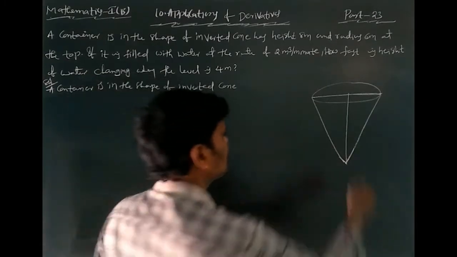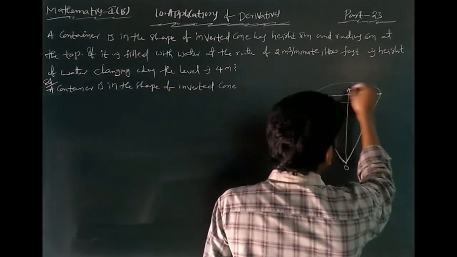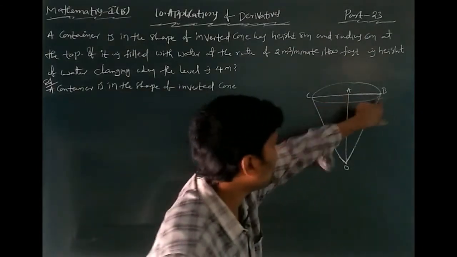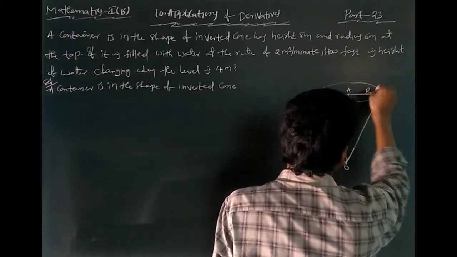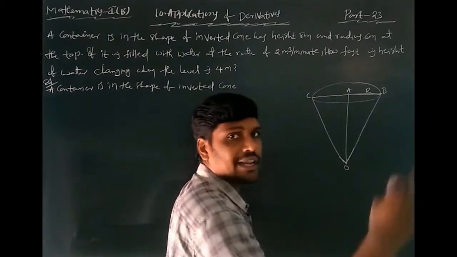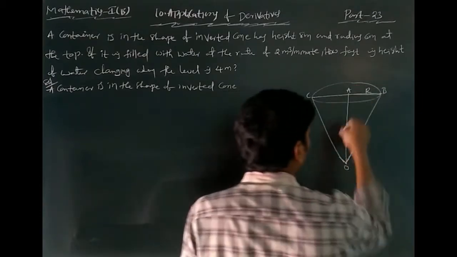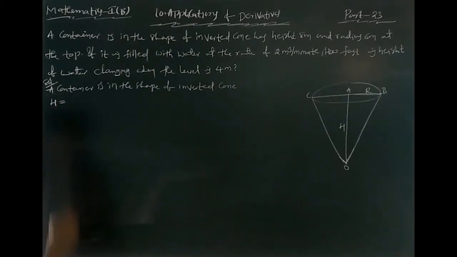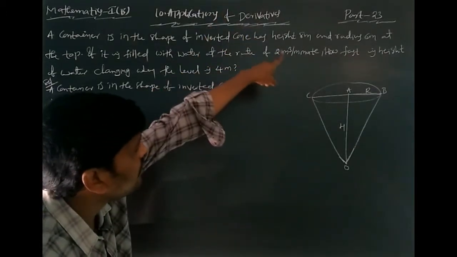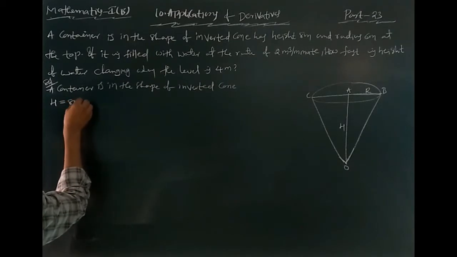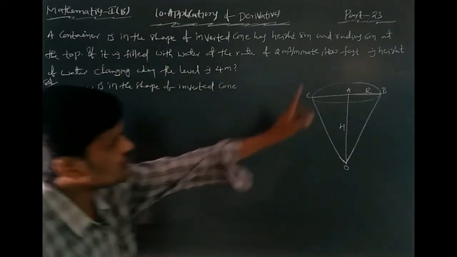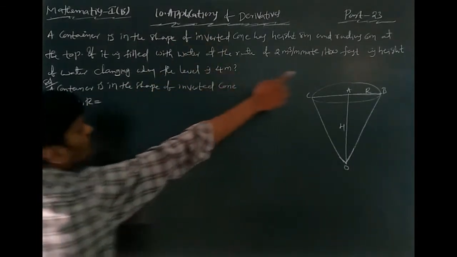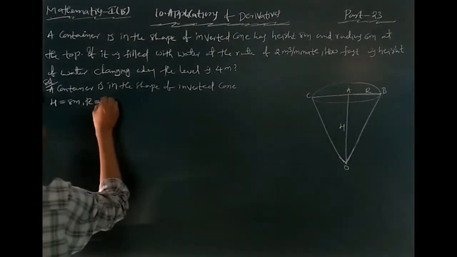Suppose we take this as O, A, B, C. Here AB is the radius, and we take capital R. Height also is capital H. Height of the cone capital H is given, 8 meters. Radius of the cone capital R is also given, 6 meters.